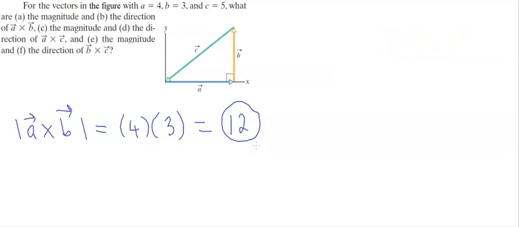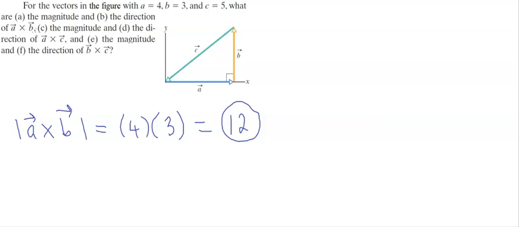Alright, so part B is now asking us for the direction of A cross B. Remember, unlike the dot product, where it's commutative, the order does matter when you're taking the cross product.